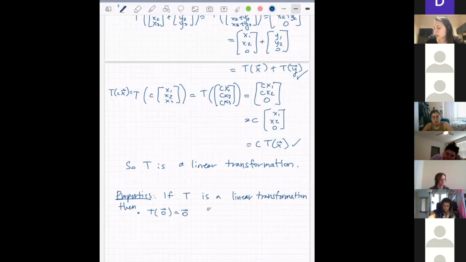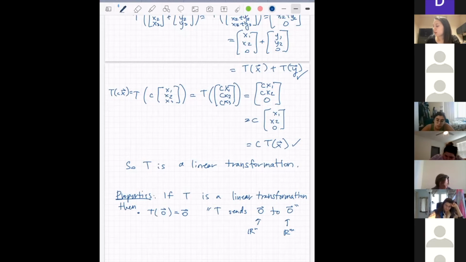Another way of putting this is that T sends the 0 vector to the 0 vector. Where if T maps Rn to Rm, these are actually different 0 vectors. This one would be in Rn and this one would be in Rm, but we use the same notation.